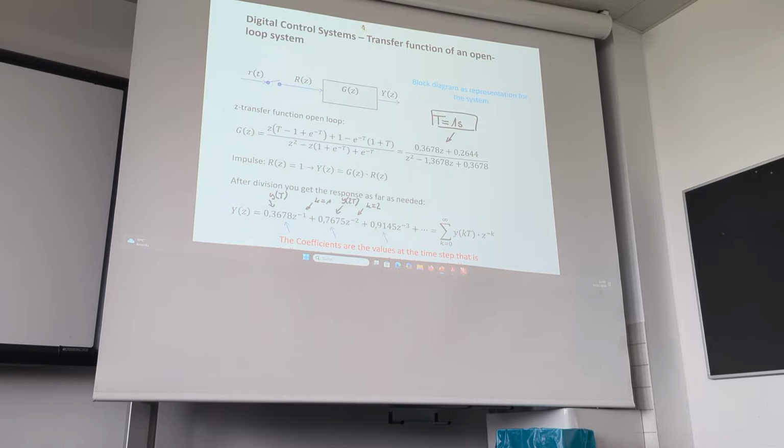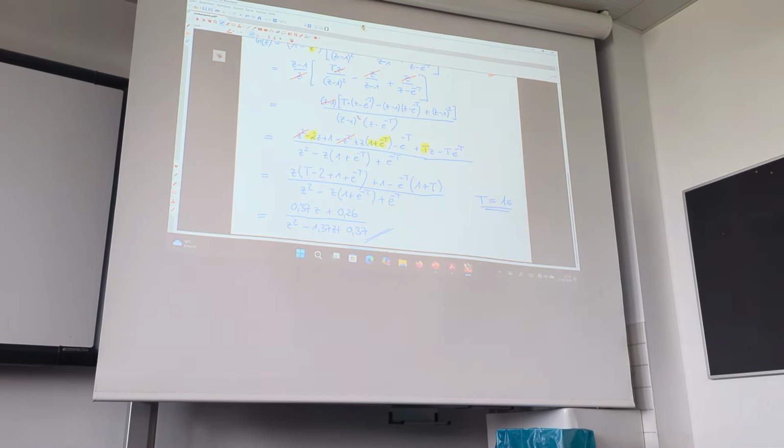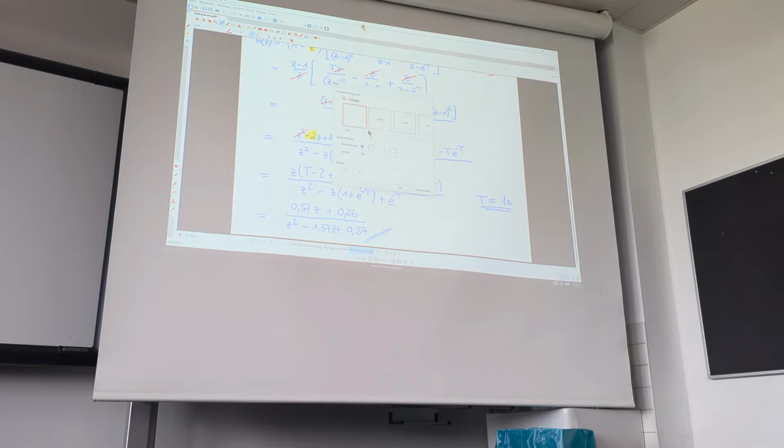So we can say now, if we go back to the script here, I add another page. Now we can say R of Z is equal to 1.